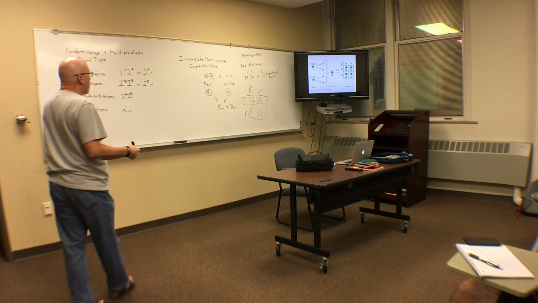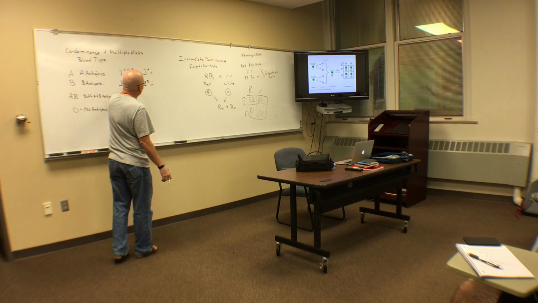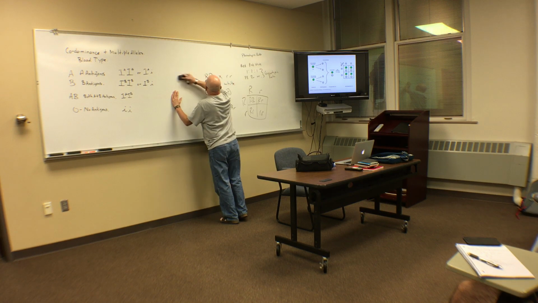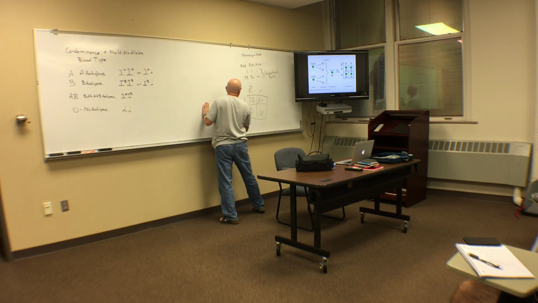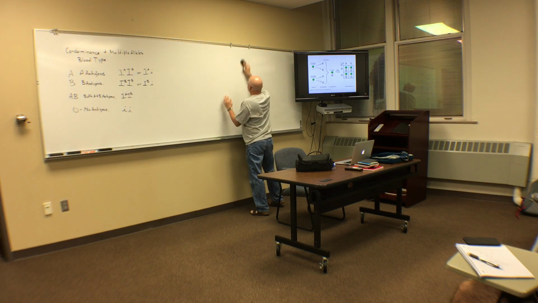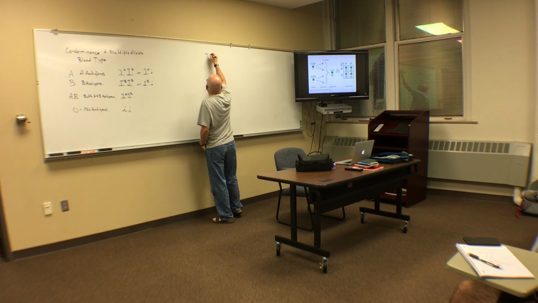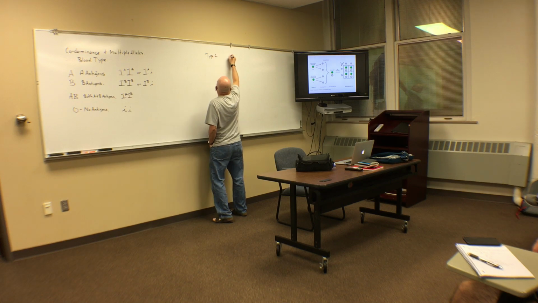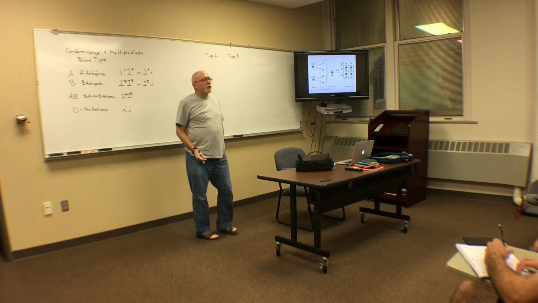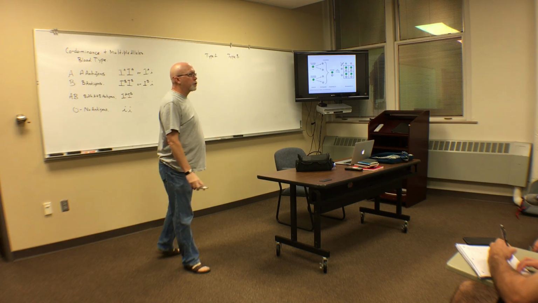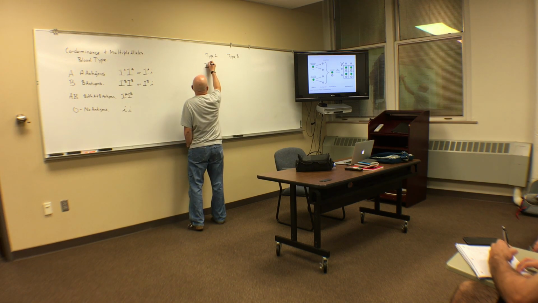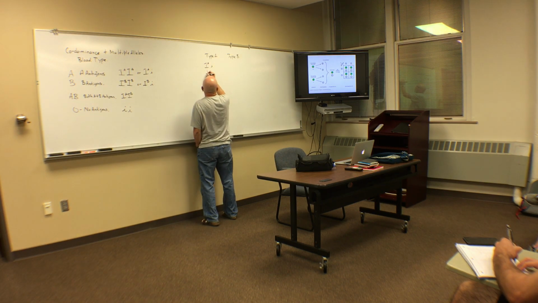And so this is where blood type comes from, and it leads to interesting patterns of inheritance because if you have a type A mom and a type B dad, what are the possible genotypes that these two individuals could be? They could be this, or they could be that.